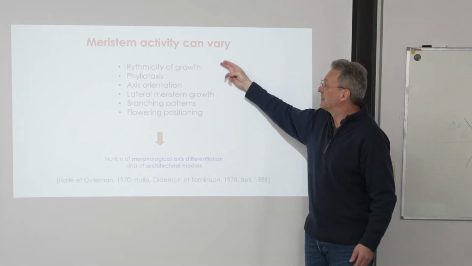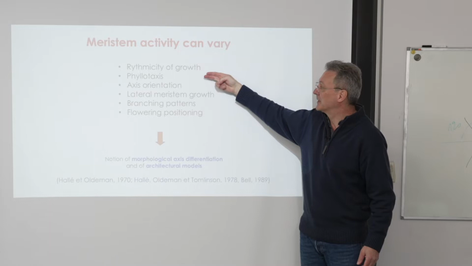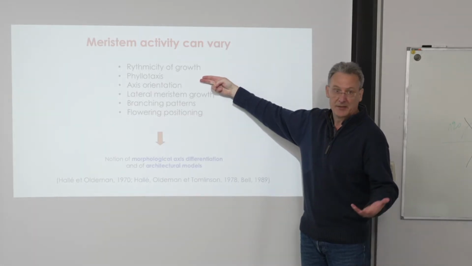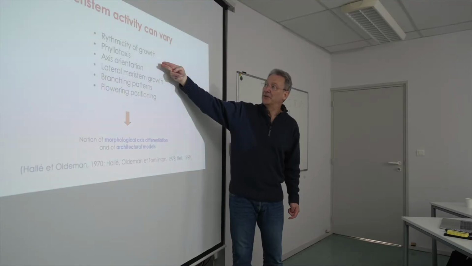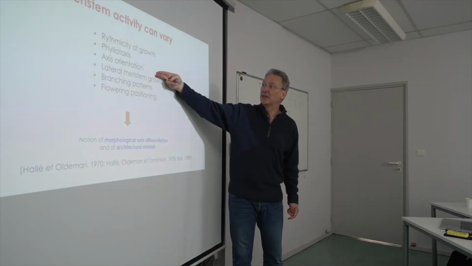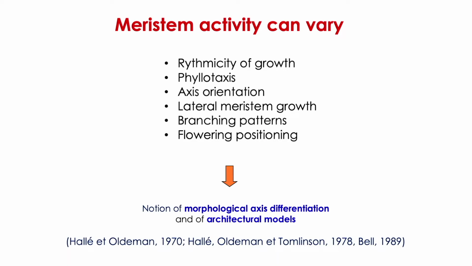The activity of the meristem can be rhythmic. We have seen that there was this phyllotaxis patterning possible during the development of the axis. The orientation of the axis can be special. The way the lateral meristems are produced can also be particular.